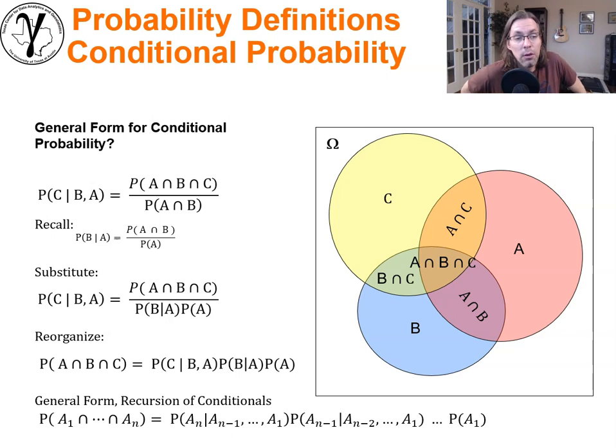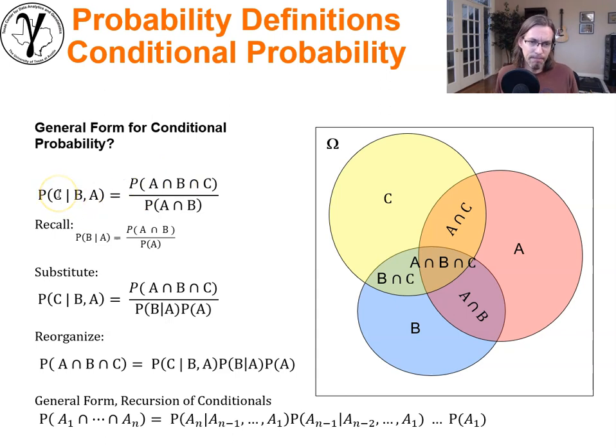Now, given what we just learned about joints and conditionals and marginals, we can expand our concepts of conditional probability. We can talk about a general form or recursion of conditional probabilities. And this is really, really interesting. So let's walk this through one step at a time.